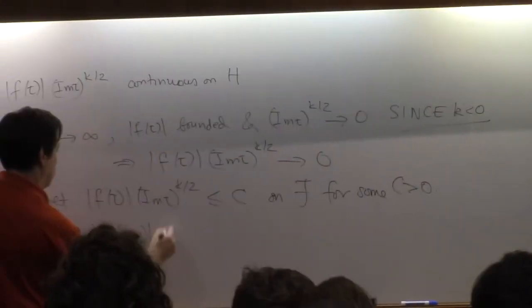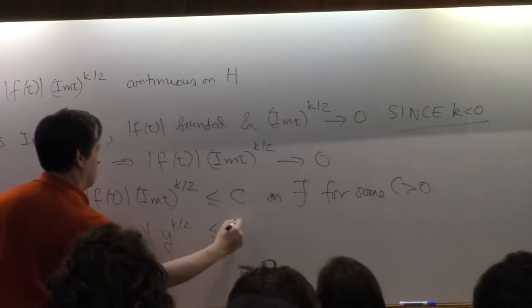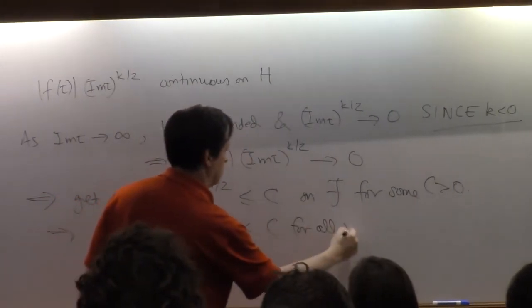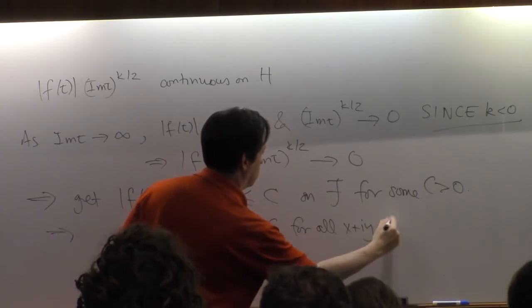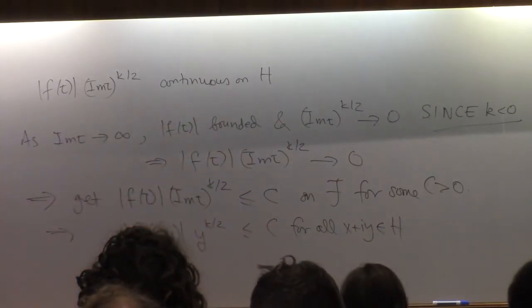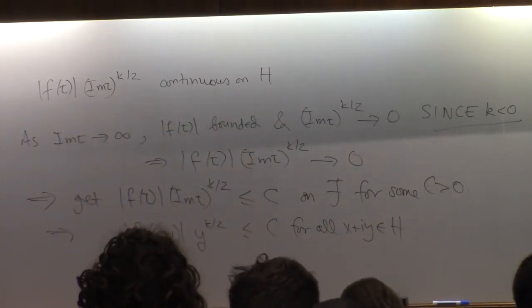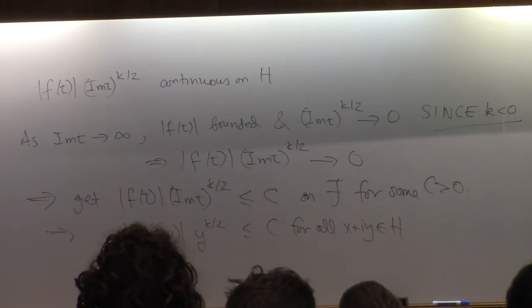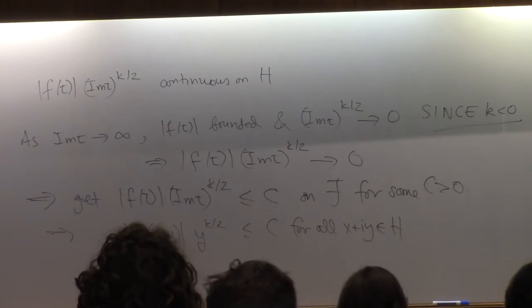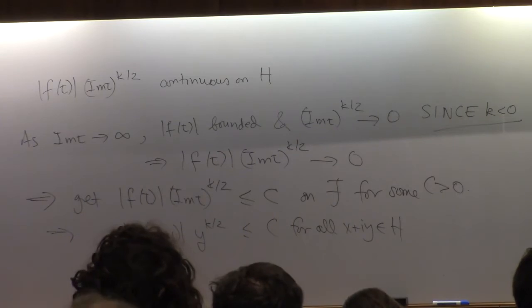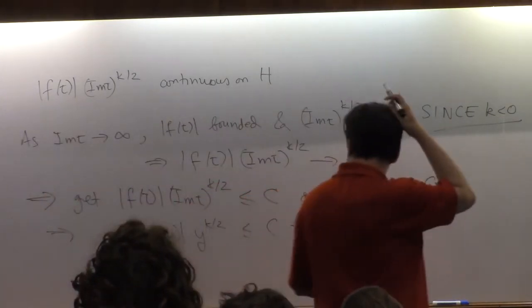And now let's write out tau as x plus iy. So this function is invariant in the upper half plane. How is that going to help?